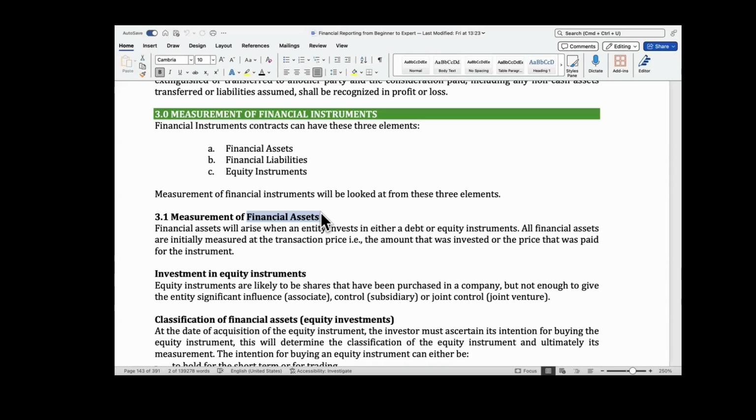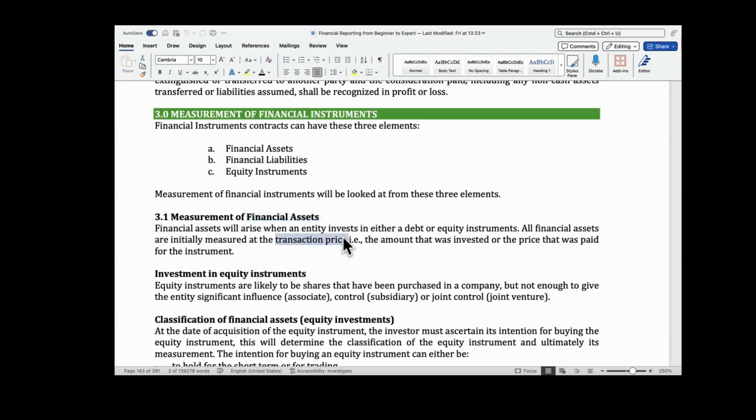Okay, this is when we need to really give it some thinking. So you see, equity instruments, as far as financial assets are concerned, mean that you have bought shares in another company. Then how do you go ahead and measure that? Firstly, anytime you mention financial instruments, have it in mind that they are initially measured at transaction price.